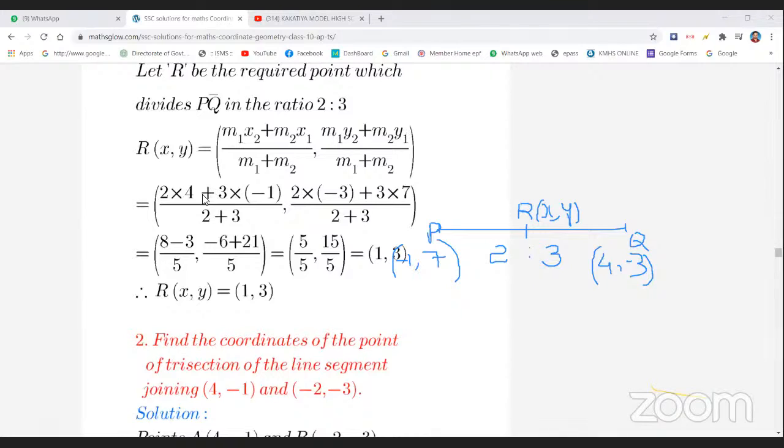So 2 fours are 8, plus 3 times -1 is -3, plus 2 times -3 is -6, plus 3 sevens are 21, by 2 plus 3 is 5, here also 5. 8 minus 3 is 5, 5 by 5 comma 21 minus 6 is 15, 15 by 5. So we get 1, and 5 threes are 15. So the dividing point coordinates are 1 comma 3.